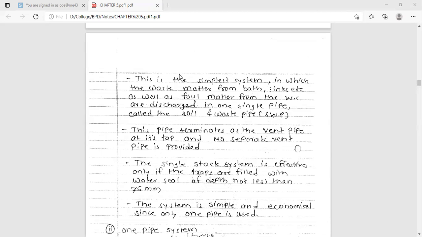So, whatever single stack system is there, this is one of the simplest systems, and in that we are going to release all kinds of discharge coming from the various units. Such a pipe is nothing but the soil waste pipe, or we can say a stack also.